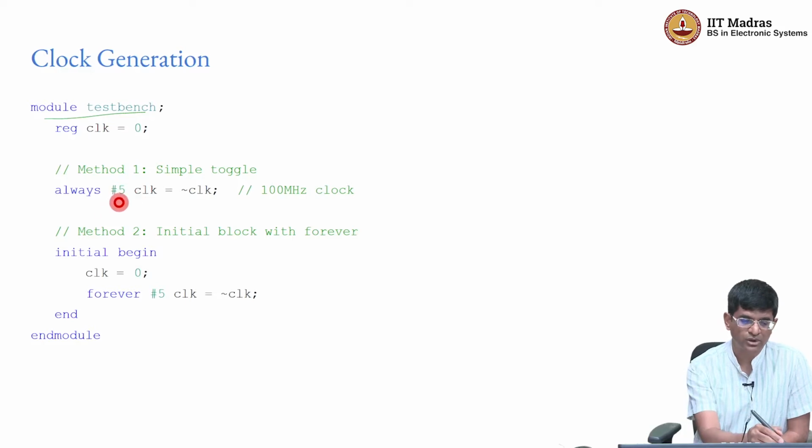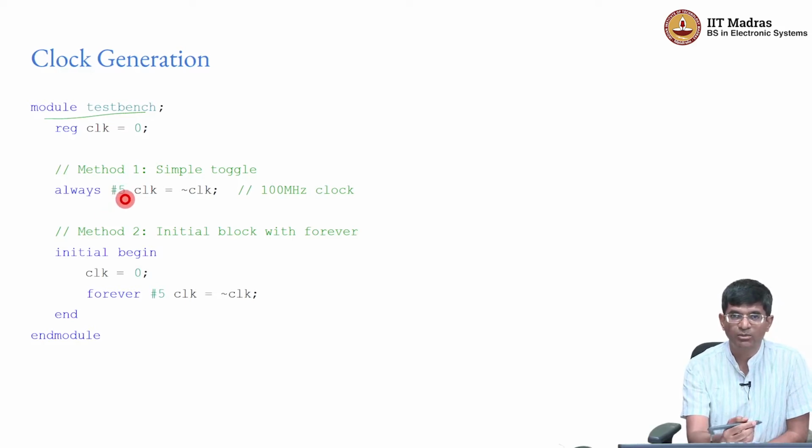You could make this 0.5 and say that you simulated at 1 gigahertz, and it would mean nothing, because unless we account for the individual gate delays of every single element after it gets synthesized, it does not have a practical meaning. That comes later; we are not going to talk about it now.